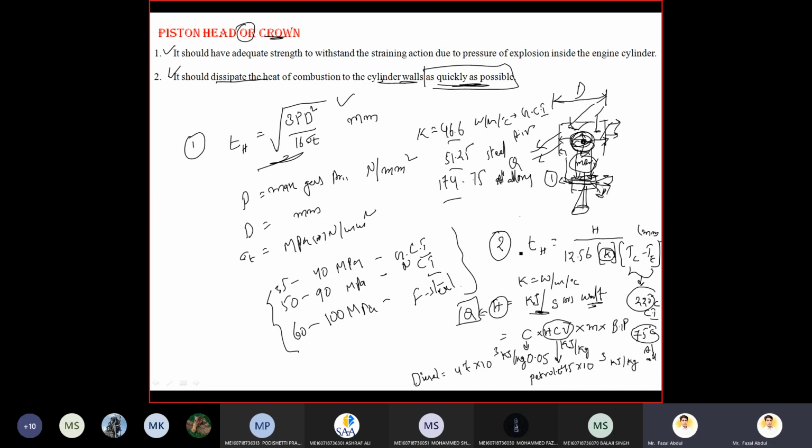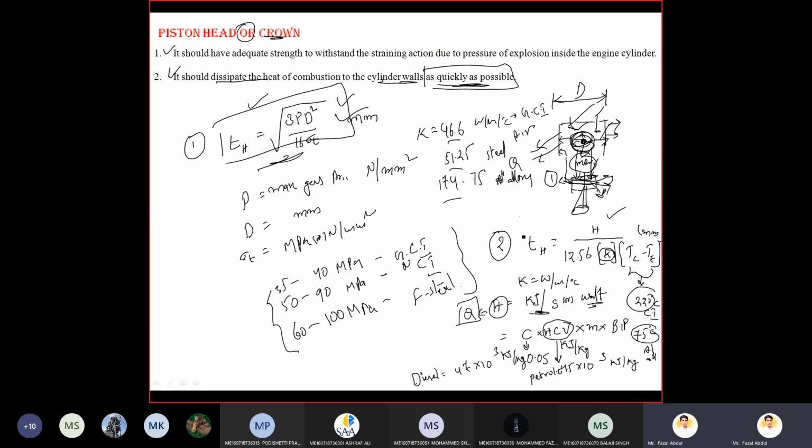Now see here, with the first criterion we calculated the thickness of the crown, and with the second criterion we also calculated the thickness of the crown. So which one do we have to select? After calculating with the first equation and the second equation, whichever gives the larger value, that thickness value we have to take.